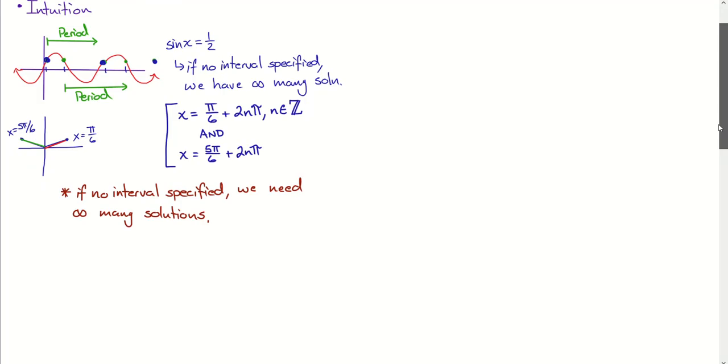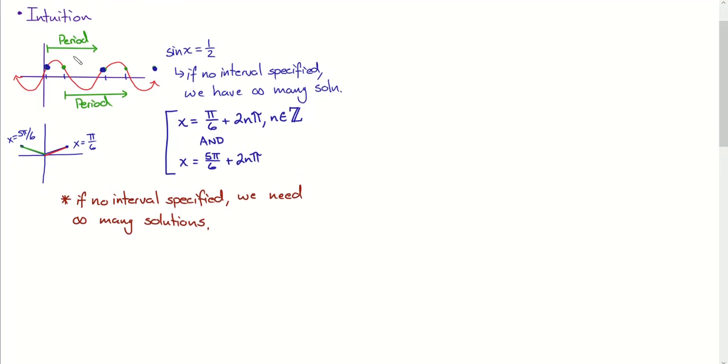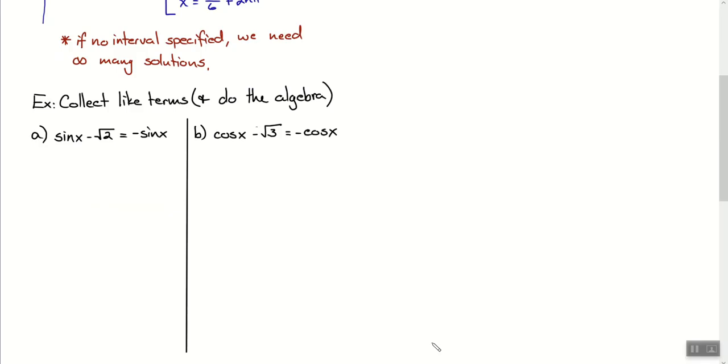Cool. So we have a little bit of intuition for how these things start to work, and realistically, we just started solving them. So what I'm going to do is a little bit of editing magic, and it's going to require that somebody in class pauses and resumes here in a second. But with the snap of a finger, we have the problems. So for this, we are going to be collecting like terms.